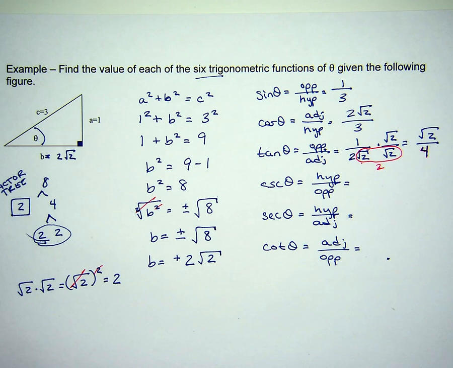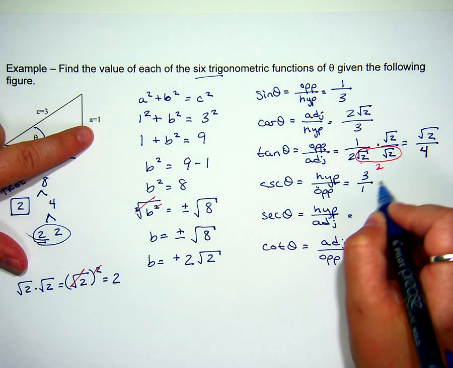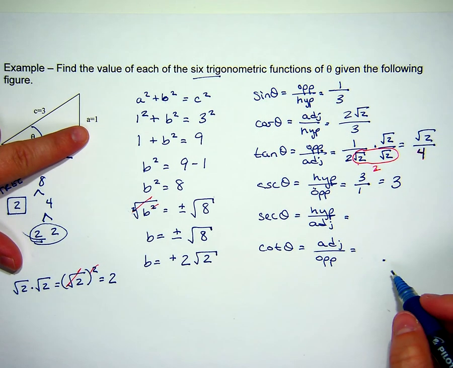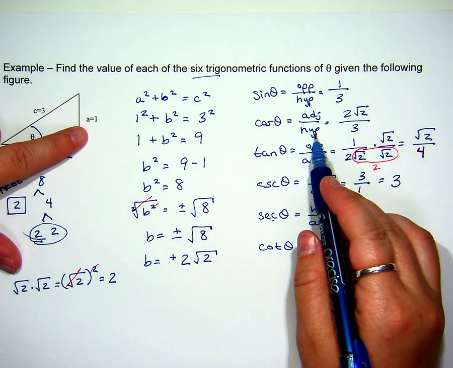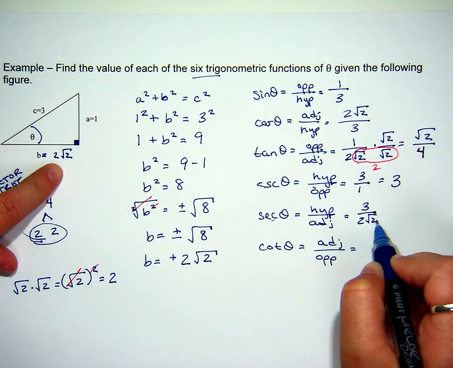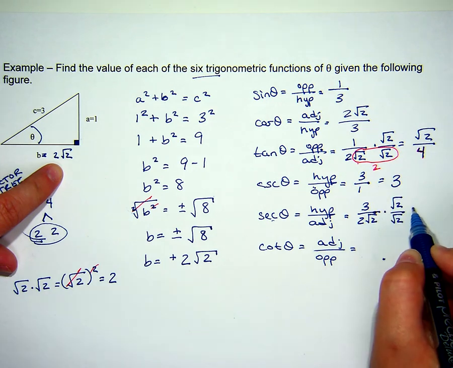Cosecant is the reciprocal of sine. So we have the hypotenuse, 3 over the opposite 1, which would just give you 3. Secant is the reciprocal of cosine. So we have hypotenuse 3 over adjacent 2 square roots of 2. Again, we cannot have a radical in the denominator, so we rationalize.